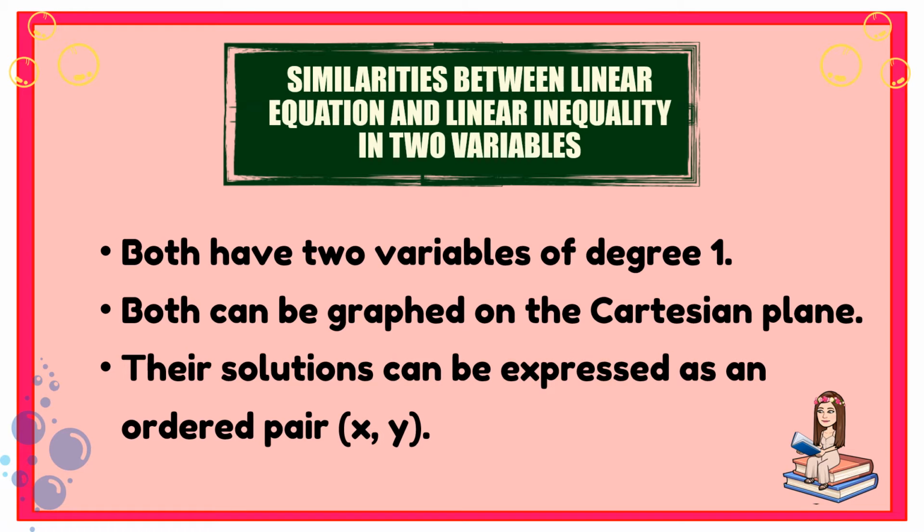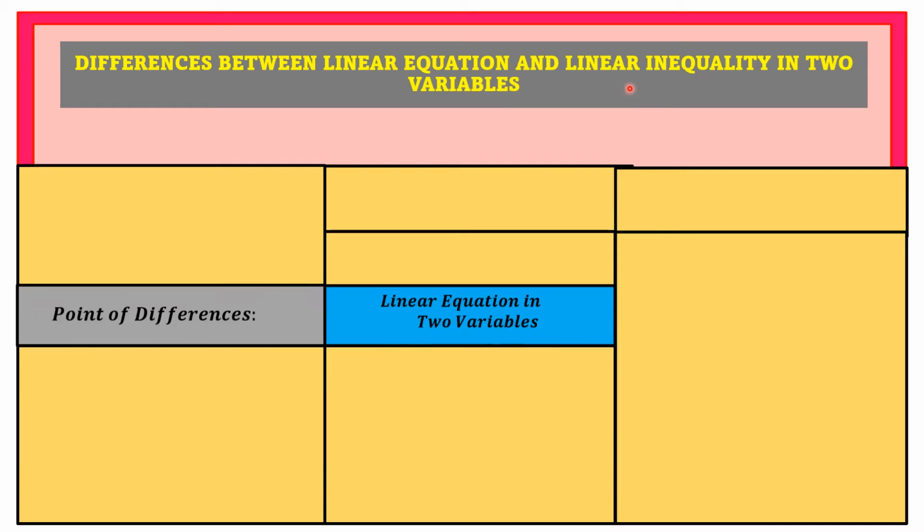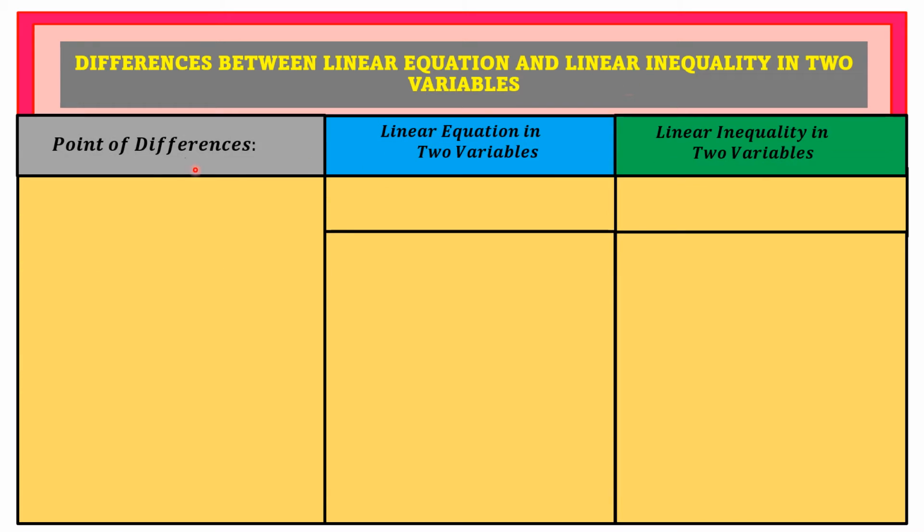So, bukod sa pagkakatulad, meron din silang pagkakaiba. Ano-ano ang mga pagkakaiba ng linear equation at linear inequality in two variables? Let's start. So, magkakaroon tayo ng point of differences, tapos yung anong meron kay linear equation at anong meron kay linear inequality. Let's start with the first one.